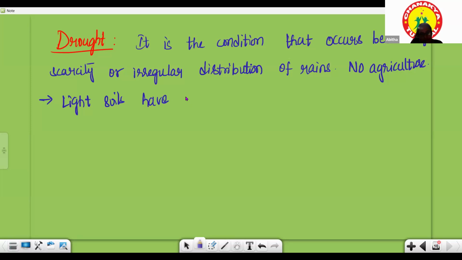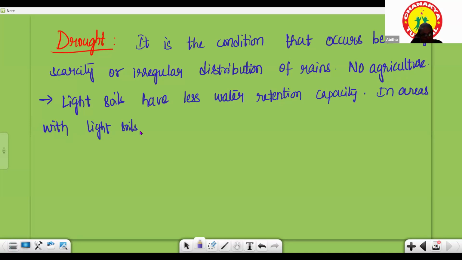Light soils have less water retention capacity. So in areas with light soils, crops get adversely affected by drought condition.